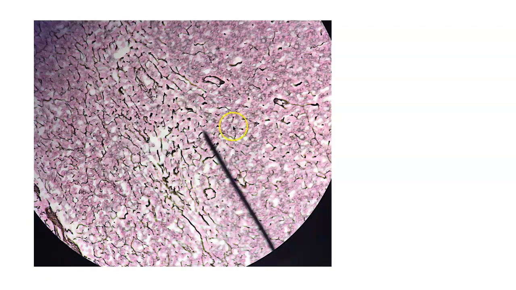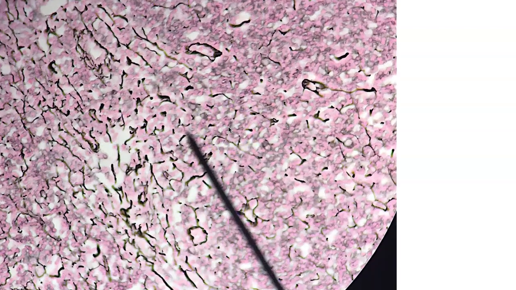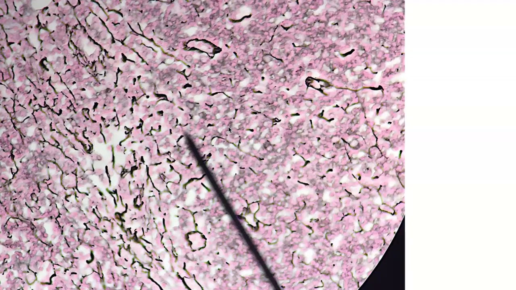What is this? What kind of connective tissue is this? First, what kind of protein fibers are these? These are reticular protein fibers. They make a mesh network. They help to support soft organs.